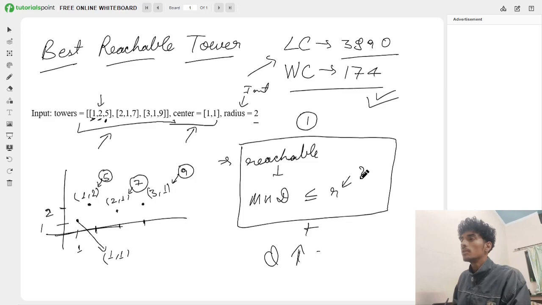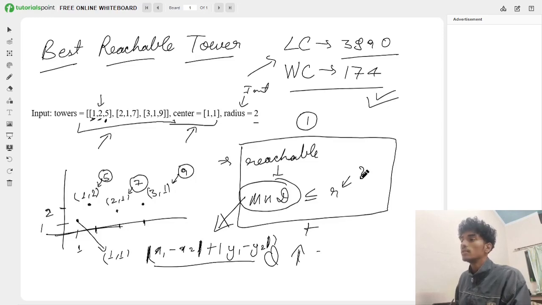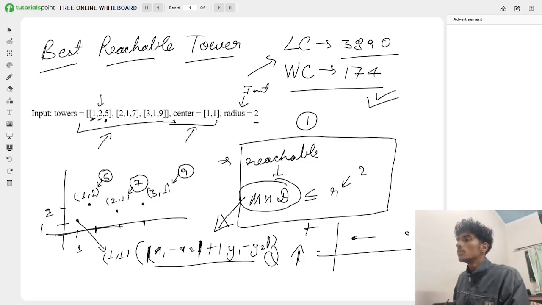The way we calculate Manhattan distance is |x1 minus x2|, we are taking the mod over here, plus |y1 minus y2|. This equation represents the Manhattan distance between 2 points. Manhattan distance is yet another way to calculate the distance between 2 points in a coordinate plane.